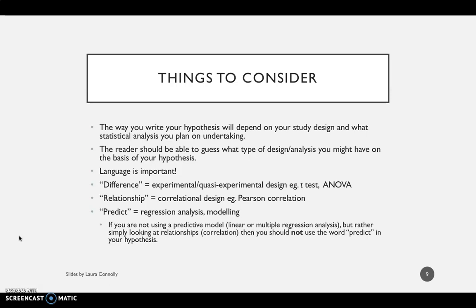Equally, if you're looking at relationships, so in a correlational design, for example, using a Pearson correlation, you should not use the word difference, which is indicative of a t-test or an ANOVA type analysis.